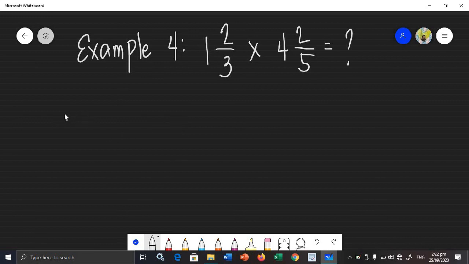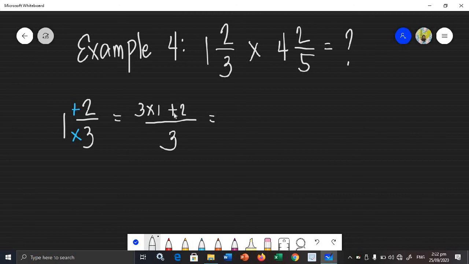So let's convert one by one. Okay? So let's first convert this 1 and 2/3. So your denominator is automatically 3, the same as the given. And then to get the numerator, 3 times 1 plus 2. 3 times 1 plus 2. Okay? 3 times 1, that is 3, plus 2, that is 5 over 3.